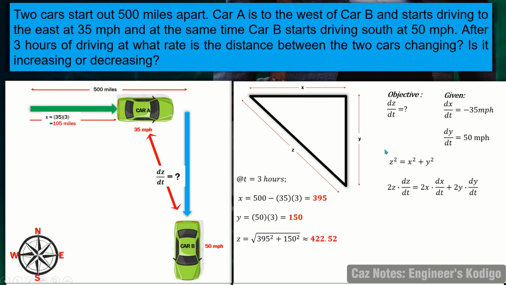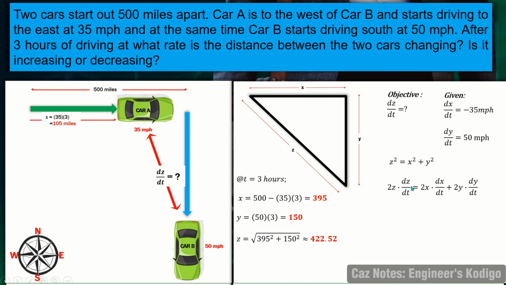So using this equation, we can now calculate the value of z, which is 422.52. As you can see, we now have the values of x, y, and z, and also dx over dt and dy over dt.